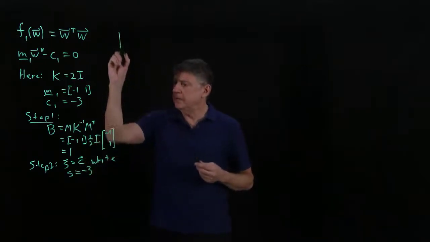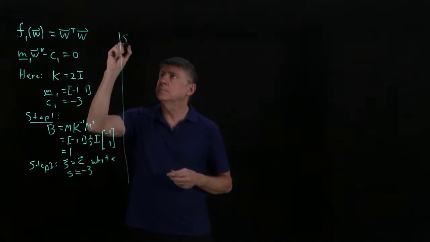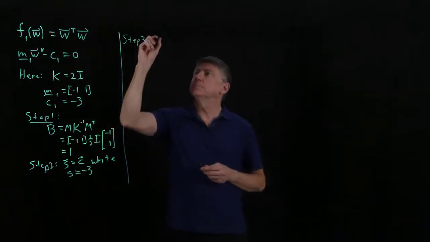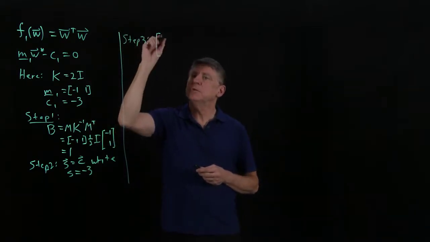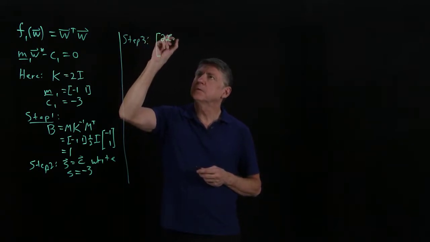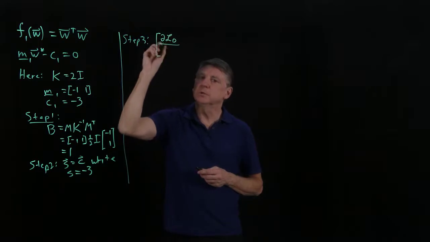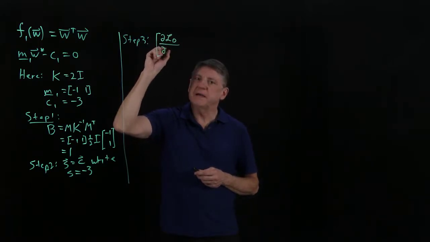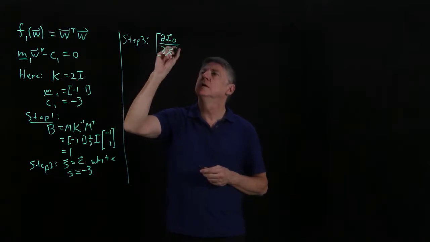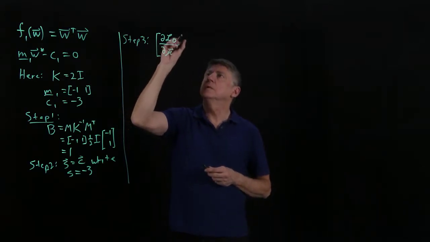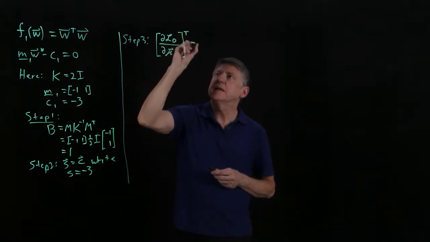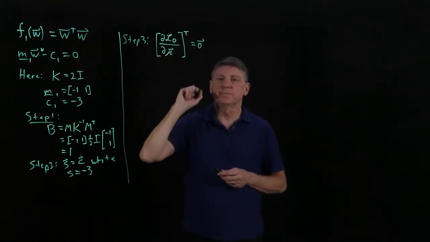Step 3 of our algorithm is we solve. What we want to do is take the partial derivative of the Lagrange dual with respect to, in general, the Lagrange multiplier vector, and we want to transpose that and set that equal to 0.